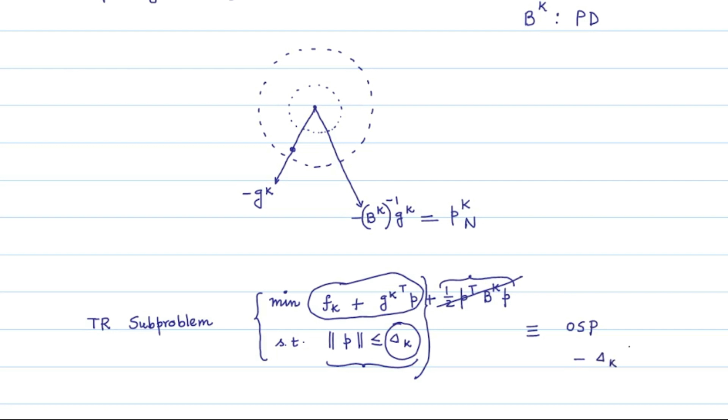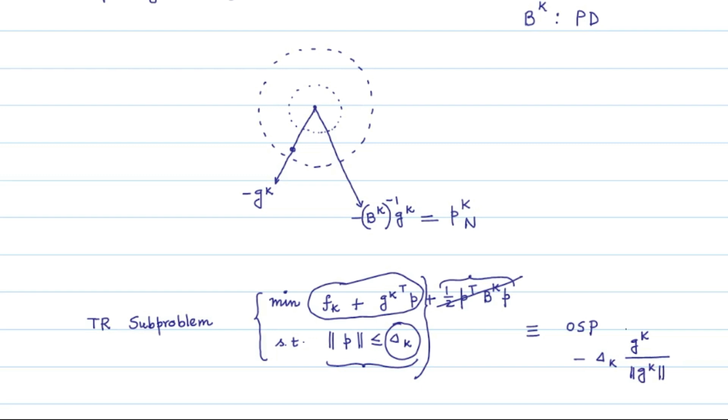It will lie on the boundary because it is a linear function f_k plus g_k transpose p. Certainly this optimum solution point is given by negative delta_k g_k divided by norm g_k.